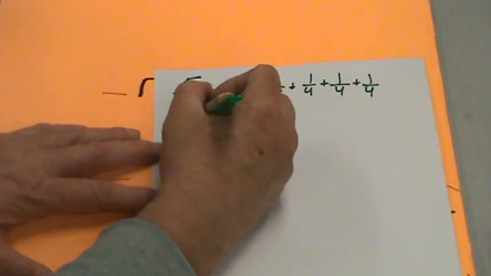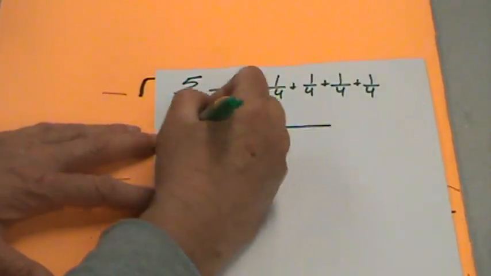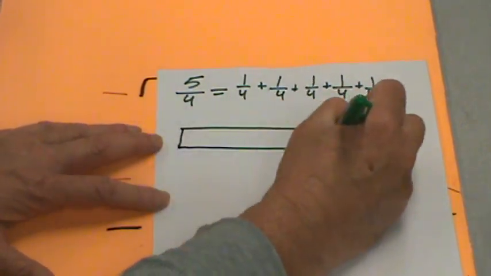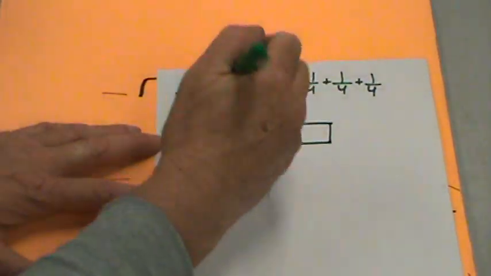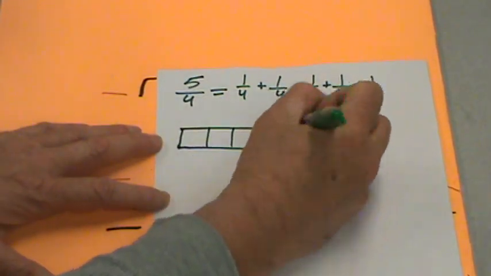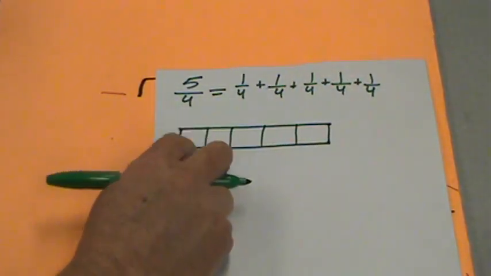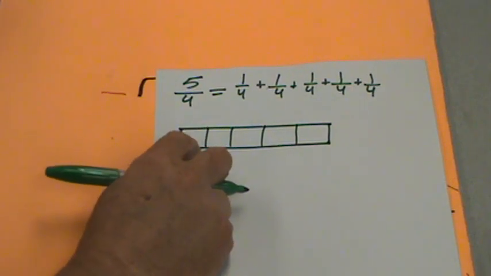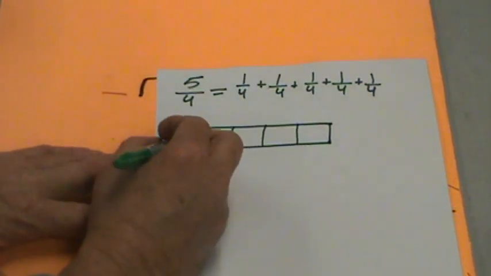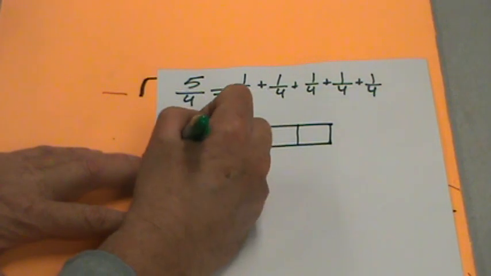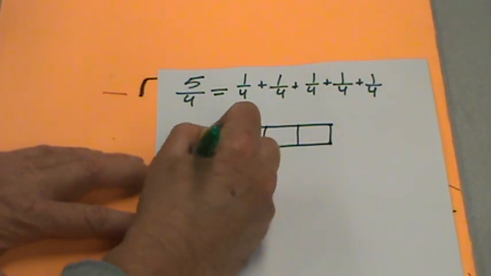So let's make the tape diagram. And this got kind of confusing, and I don't blame you. And let's make 5 segments. 1, 2, 3, 4, and 5. Well, what is each unit? It's not 1/5, right? Because it's 5/4. So this is 1/4 right here.